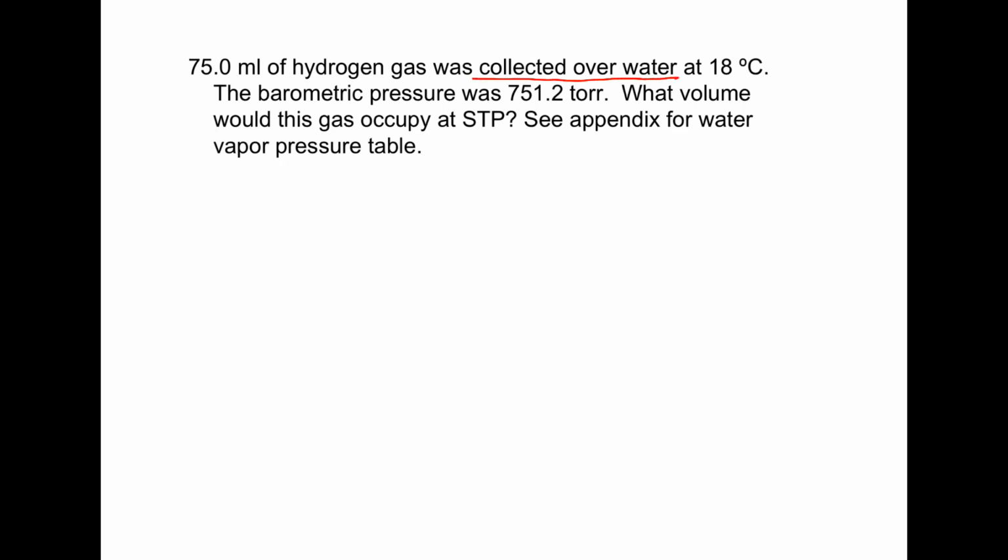Okay. So we wrote down our variables. So we wrote down the volume, the temperature, things like that. We made sure that we took into consideration that it was a wet gas, or that it was collected over water.